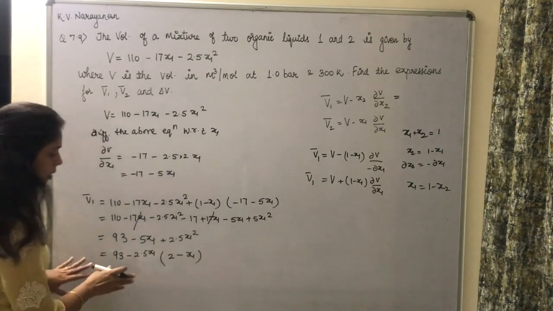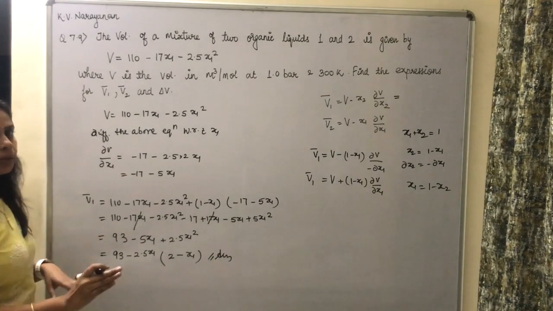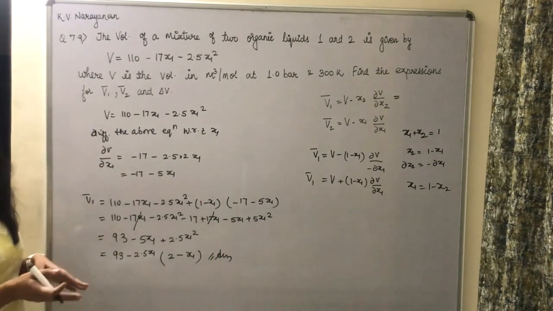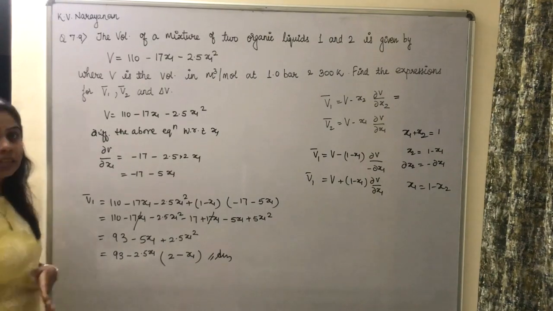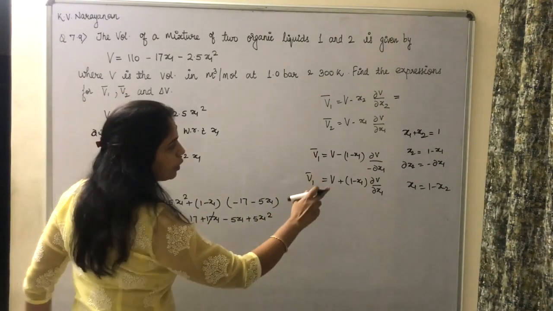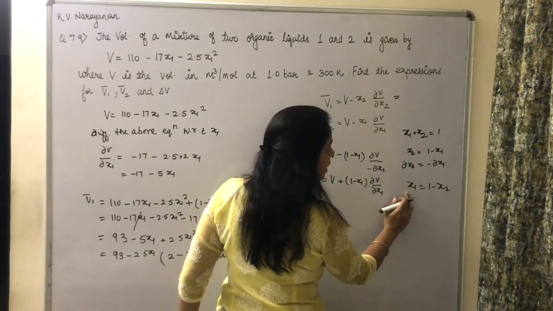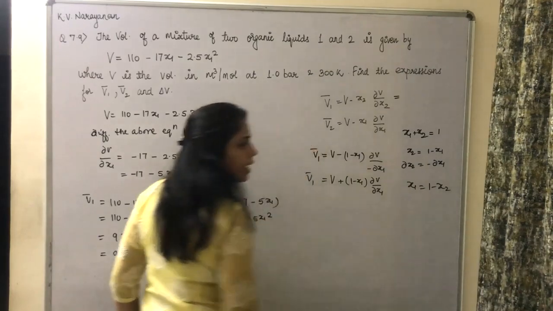Fine, you can write the answer like this, or you can write it in terms of x2. The given answer in the solution is in terms of x2. So let's convert it. We know that x1 + x2 = 1, so in place of x1 we can put 1 - x2.